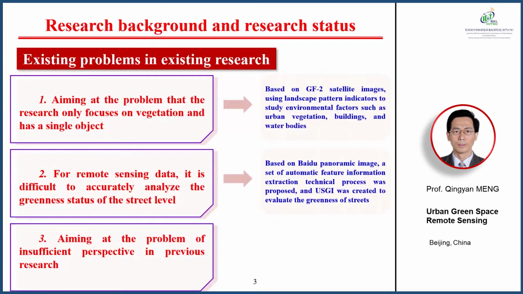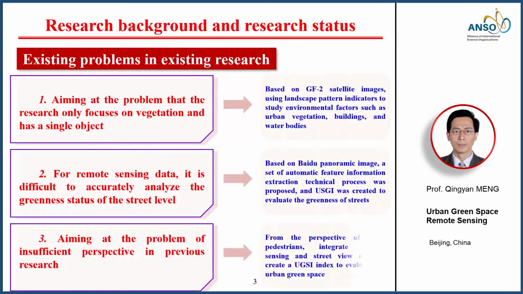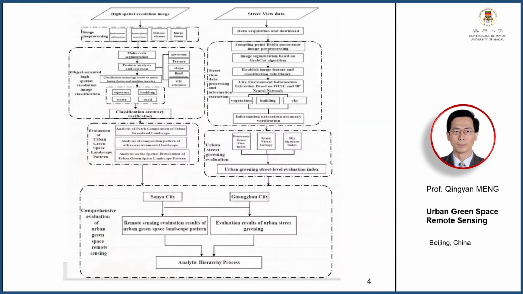And the third, aiming at the problem of insufficient perspective in the previous research, we first take the perspective of the street walkers, and integrate the different remote sensing satellite data and street view data to create indexes to evaluate the urban green space.